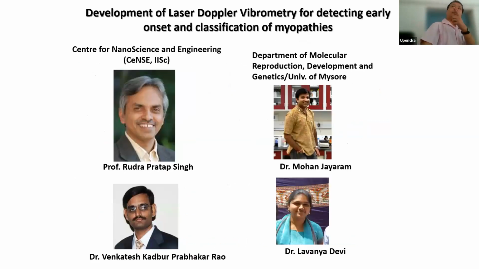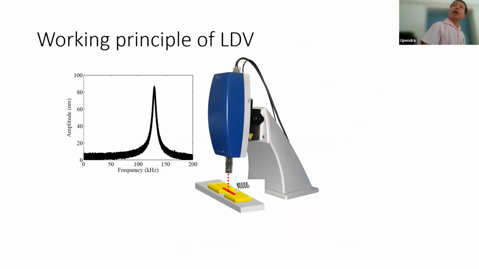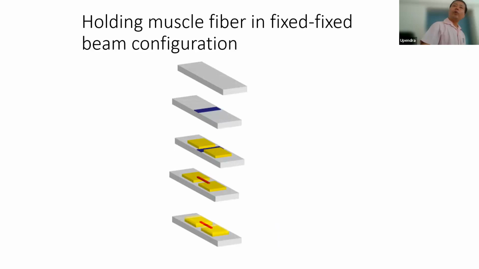Similarly, we developed, and this is a patented one with Rudra Pratap, something called the laser Doppler vibrometer, LDV. LDV works on a simple mechanism: you put a laser beam and look at the vibrations.